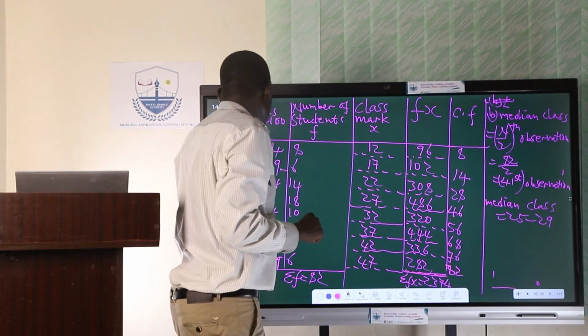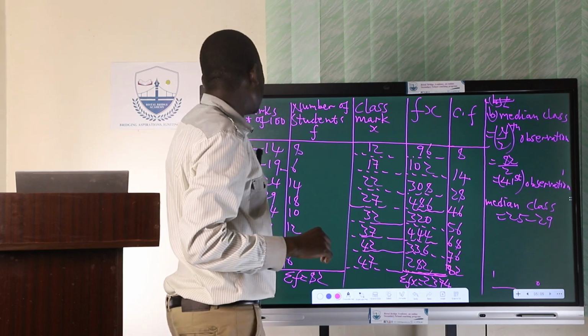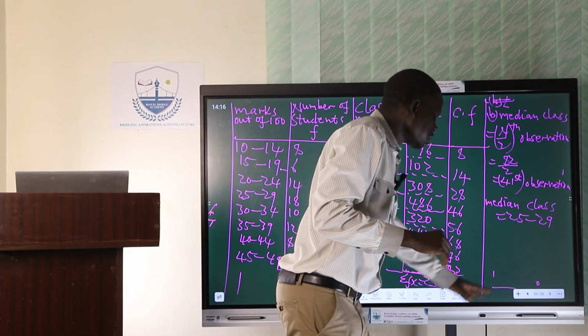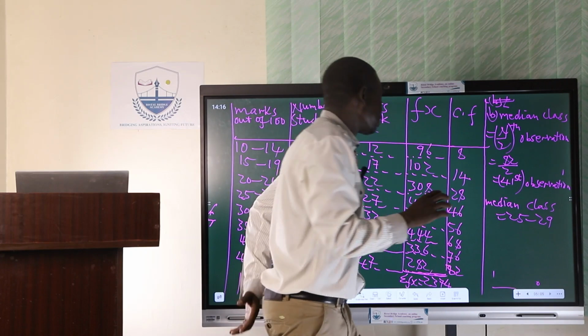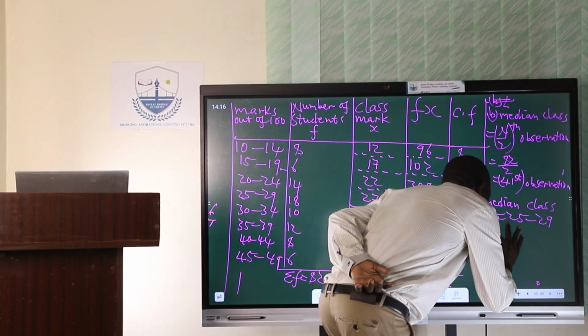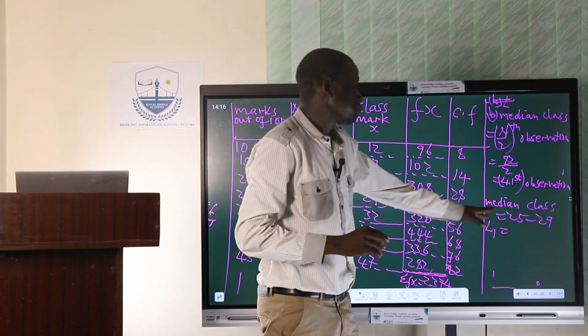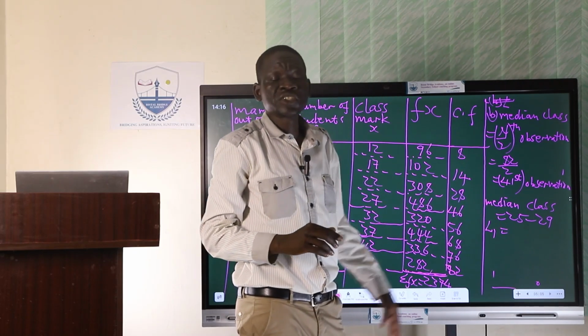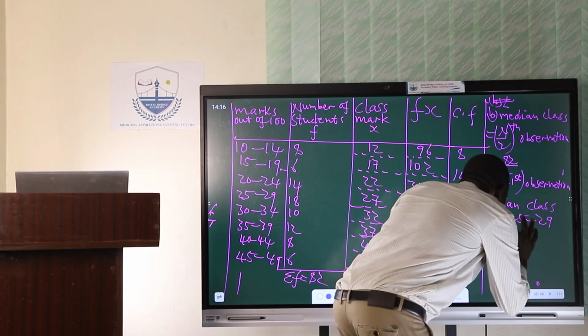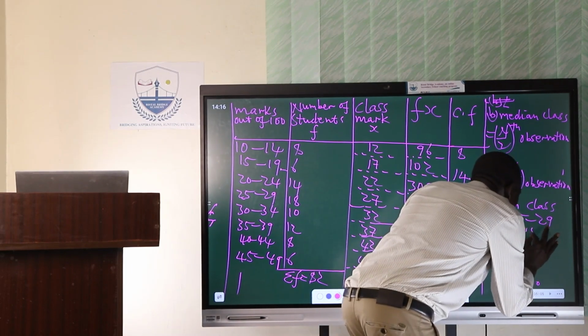So now, from the median class, we determine the lower class boundary of the median class, which is 25 minus 0.5, giving us 24.5.